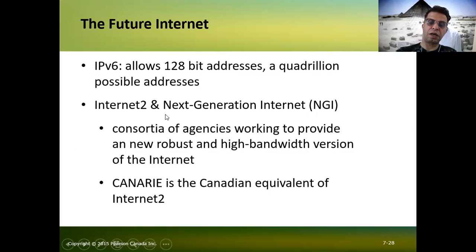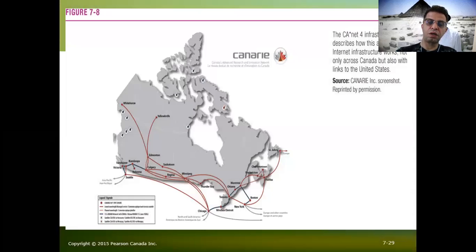It's basically very high speed fiber optics connected to each other and to the international network. For example, CANARIE, if you look at it here, has certain hubs, and these hubs are connected to the outside, to the states, and from there it goes to the state's network.